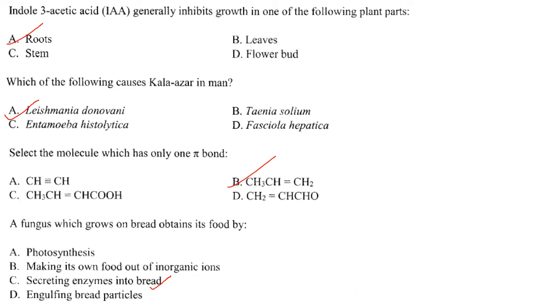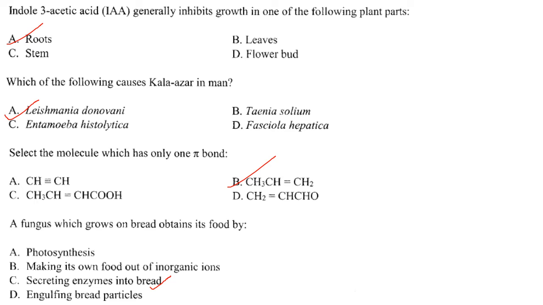It is caused by the protozoan parasite of the genus Leishmania, so it is caused by Leishmania donovani. Answer is option A. Then next one, select the molecule which has only one pi bond. The answer here is CH3CH=CH2, which has only one pi bond.